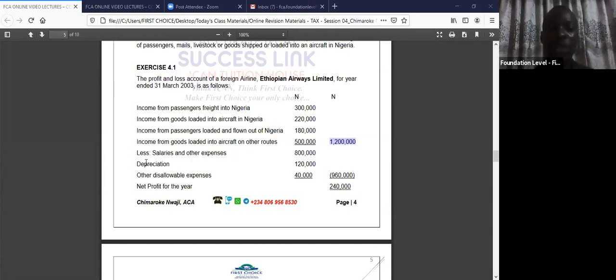Depreciation, we know they are not allowable. And here they said other disallowable expenses. So we know 120 plus 40, which is 160, is not allowable. But you see this 800, we hope all of them will be allowable. Let's see what the additional information would say.